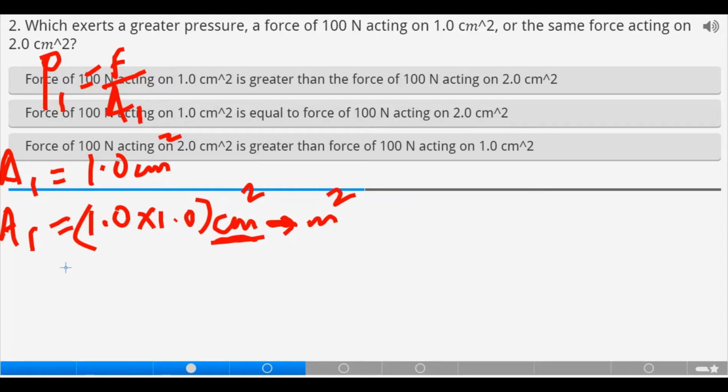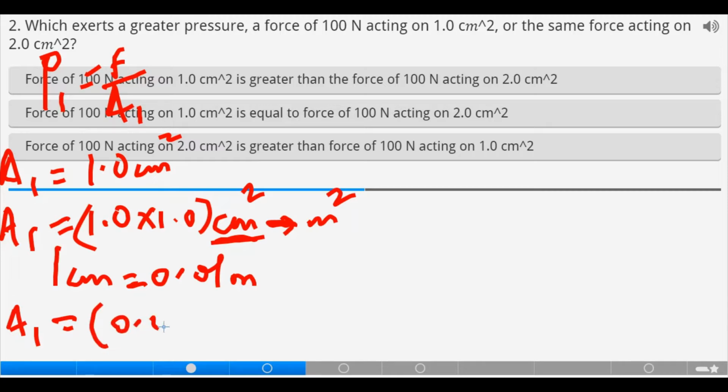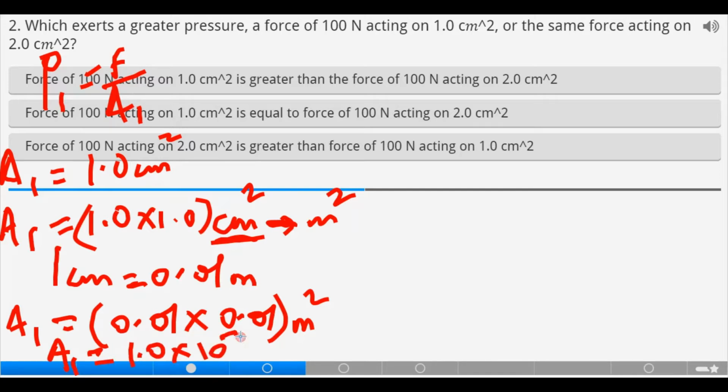Don't forget that 1 centimeter is equivalent to what? 0.01 meter from our previous calculation. So if I should say now that I have A1 in meters, that would be 0.01 times 0.01 meter squared. And that gives me the first area now. That is 1.0 times 10 raised to the power minus 4 meter squared.